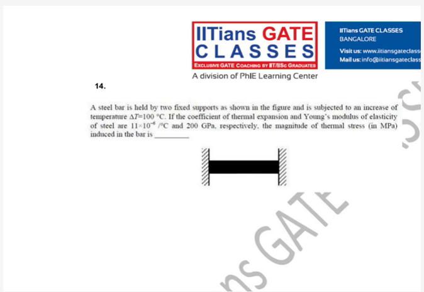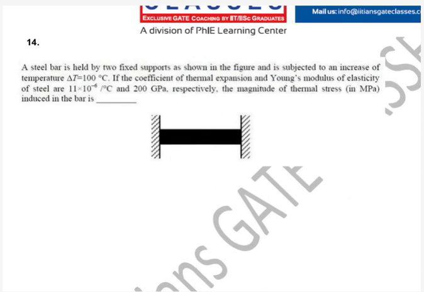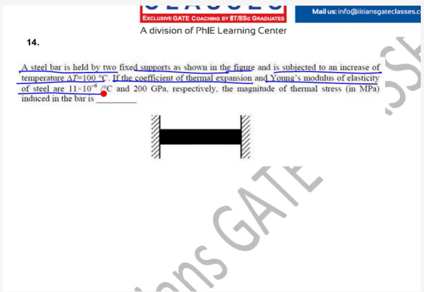This is again a similar problem. What is given? A steel bar is held between two fixed supports shown in the figure, and is subjected to an increased temperature delta T. If the coefficient of thermal expansion and Young's modulus of elasticity of steel are 11 into 10 to the power minus 6 per degree and 200 gigapascal respectively, the magnitude of thermal stress induced in the bar.